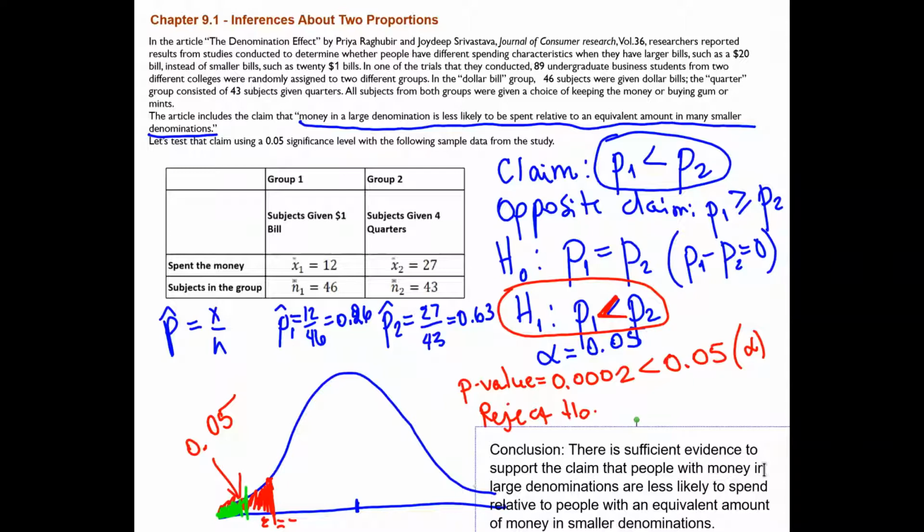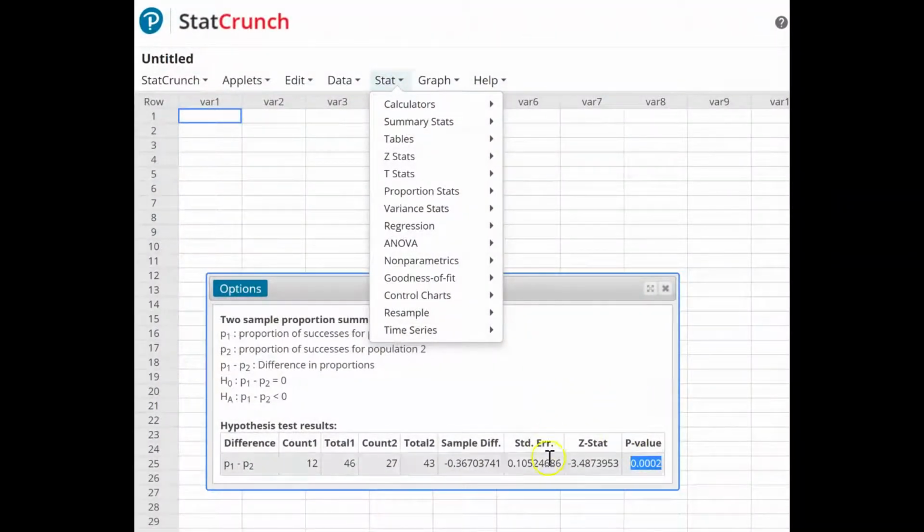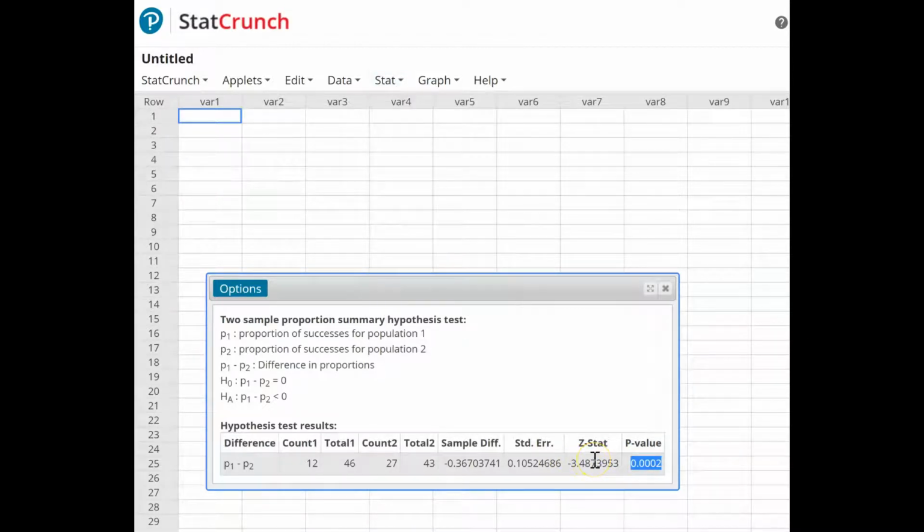Now let's test this claim using the critical value method. We will need to find the critical value, or the z-score, that corresponds to 0.05 area on the left of the z-score. Let's use StatCrunch. From previous calculations, we already know that the z-statistic is negative 3.49, rounded to 2 decimals.